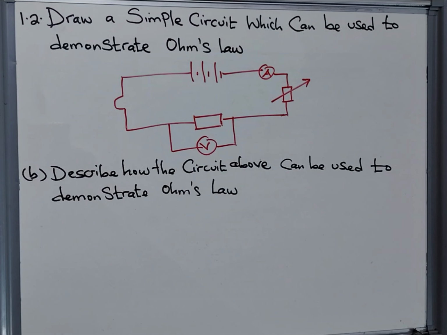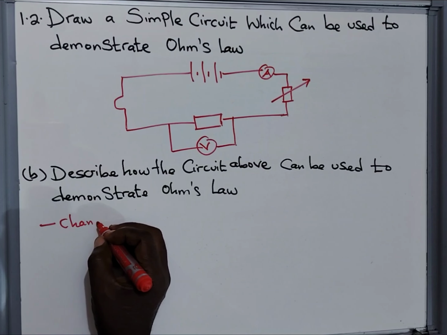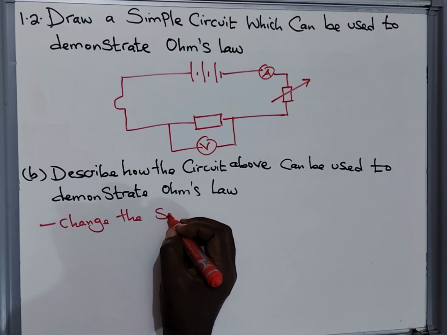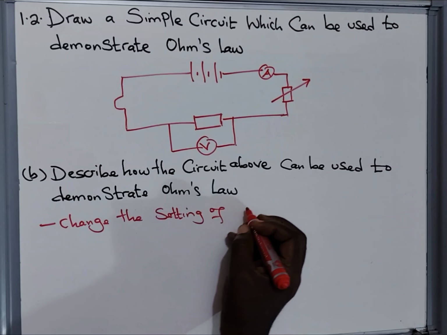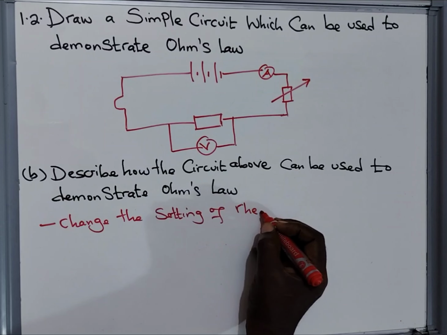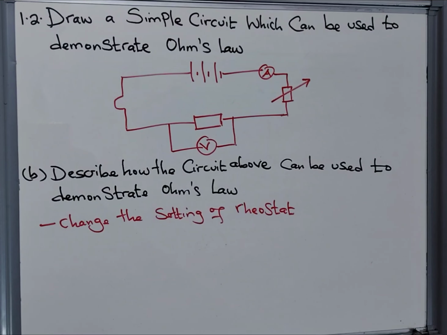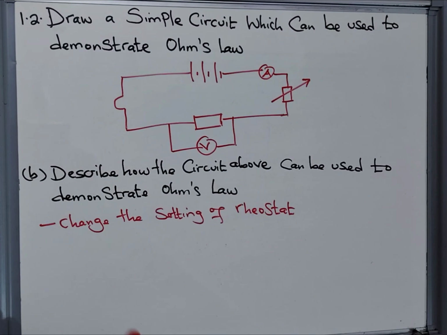Then what do you do? You change the setting of the rheostat. You adjust its value. We have to know that a rheostat is a variable resistor. We can change its value from one value of the ohm to another.